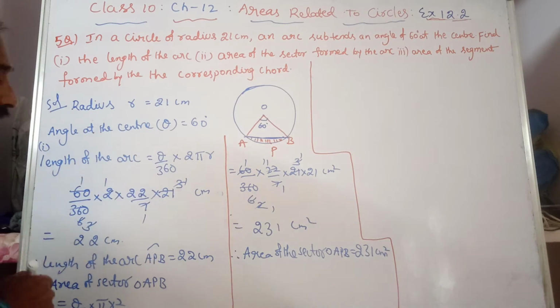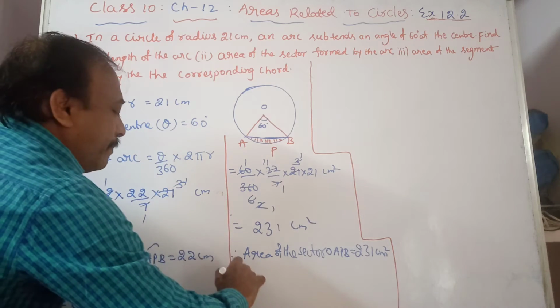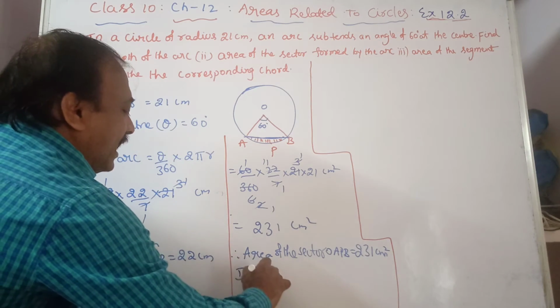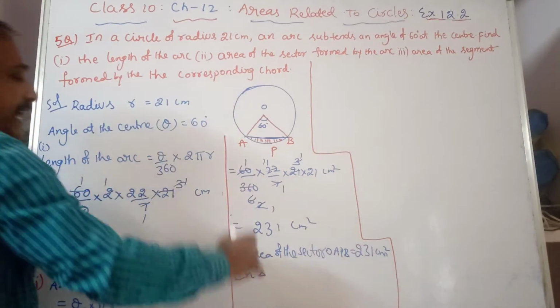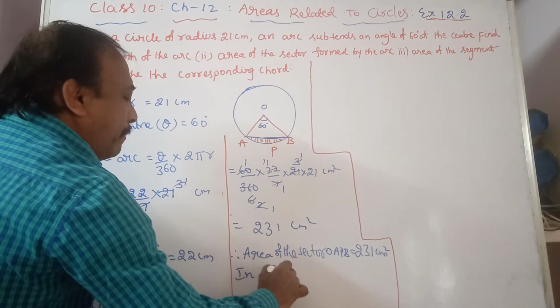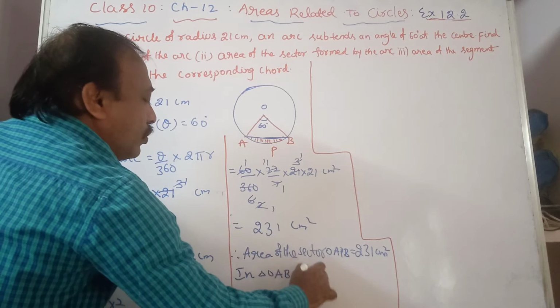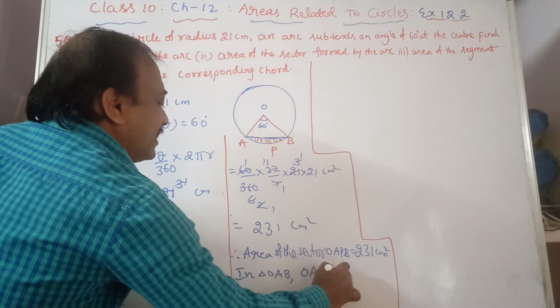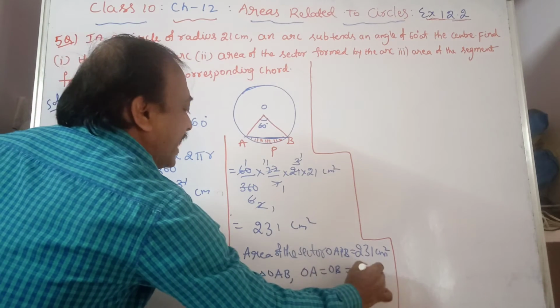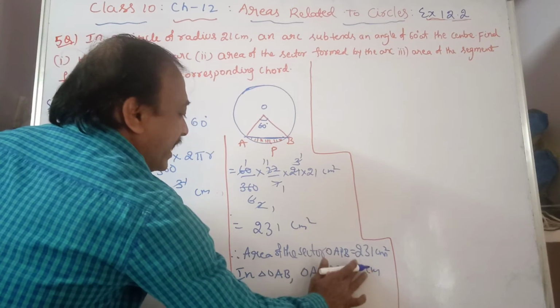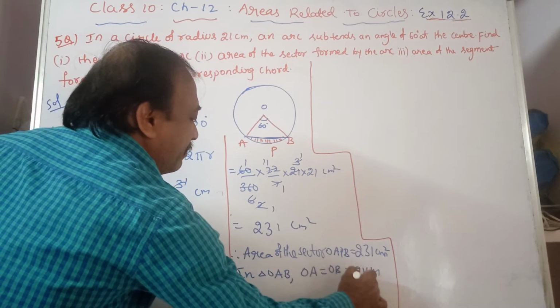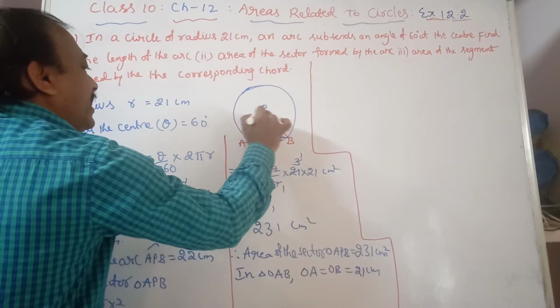Now look at this. In triangle OAB, OA is equal to OB, which is 21 centimeters, as mentioned here.